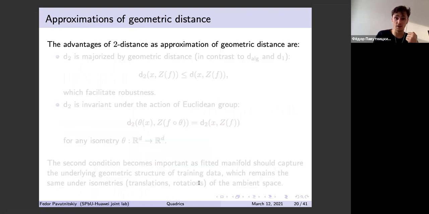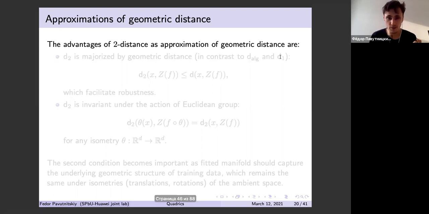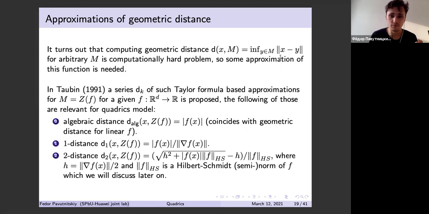So the advantages are the following. In contrast to algebraic distance and to distance of order 1, distance of order 2 is majorized by geometric distance. It facilitates robustness in the following sense. If you remember the formula for D1, you divide by a norm of the gradient, right?